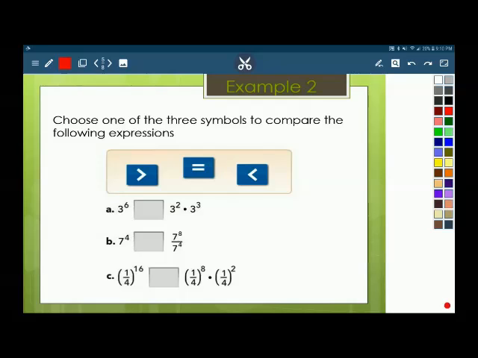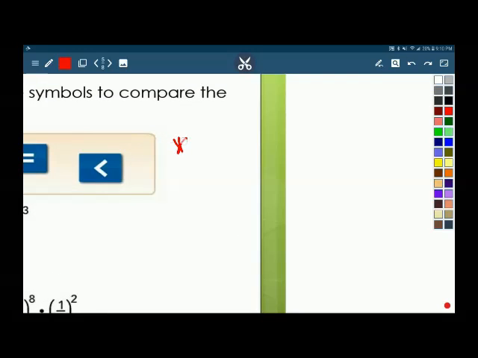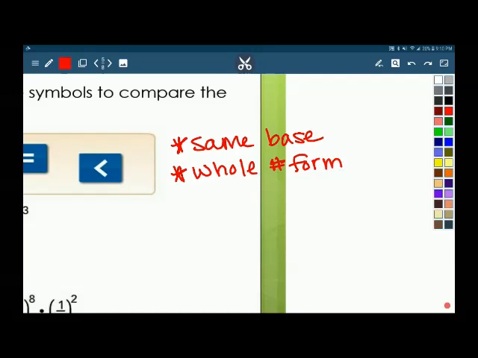Just keep in mind that if you want to have the same base, okay, actually I'm going to write out these tips for comparing. You want to have the same base. You want to have them in whole number form, because if it's in a fraction, it might get a little confusing on the brain, and I'll explain why in just a minute.